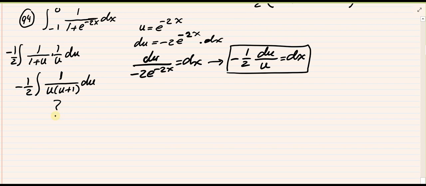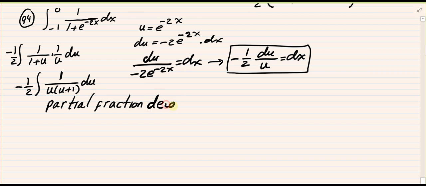If I make another u substitution here, it's not going to work. So what we do at this point is use a method of second semester calculus, which I'm not going to do because this is a first semester course. Let me just write down what you would have to do in order to complete this integral. You have to use what we call partial fraction decomposition.